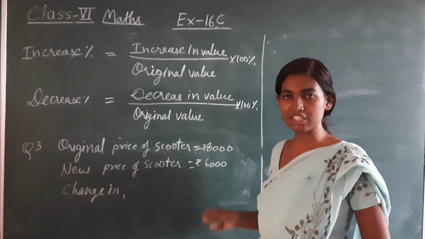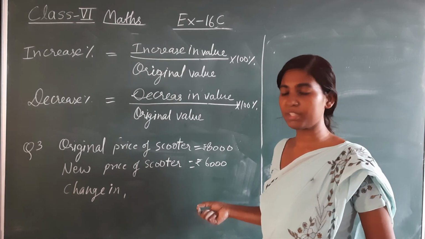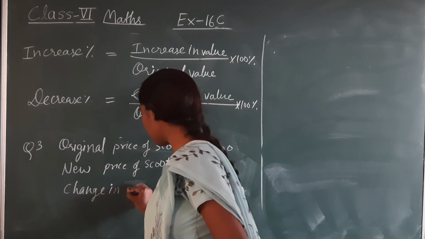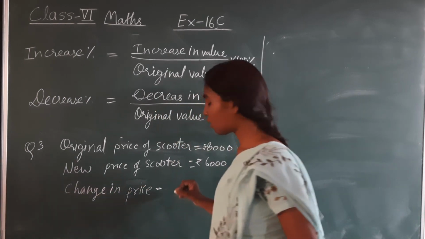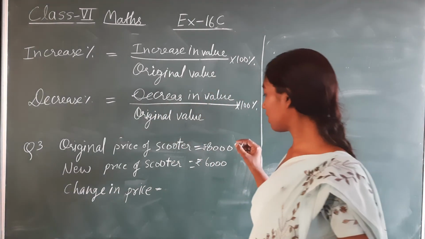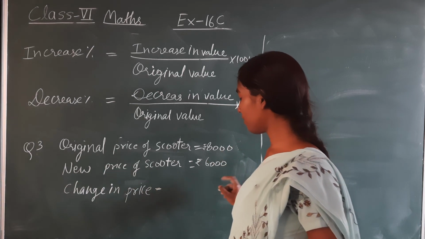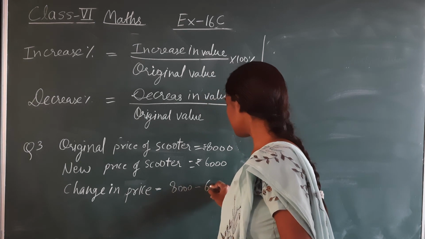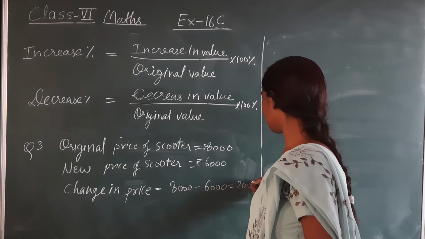There is a decrease in value, so of course it will be percentage decrease here, not increase. So change in price we will calculate first. Of course we will write the greater number first and the smaller number afterwards. So 8,000 minus 6,000 comes to 2,000.